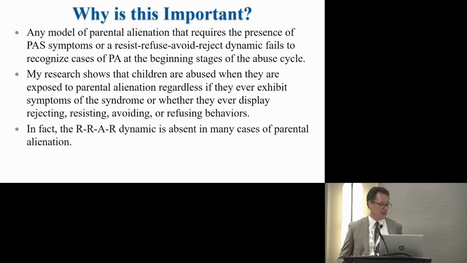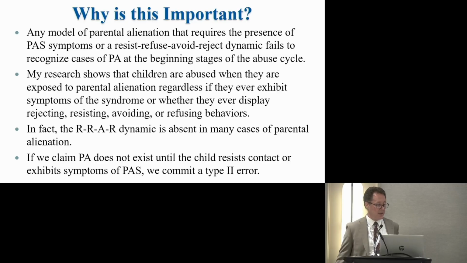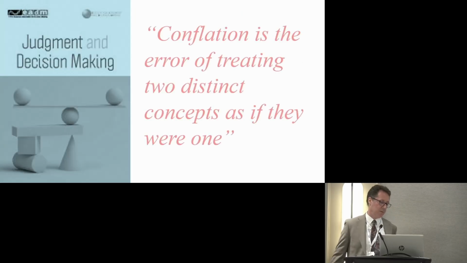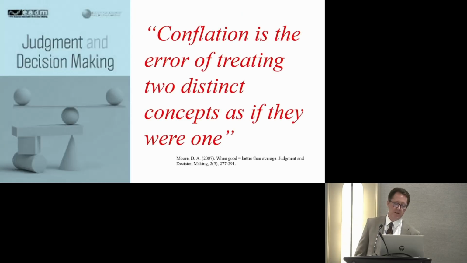In fact, the resist, refuse, avoid, reject dynamic is absent in many cases of parental alienation, and if we claim PA does not exist until the child resists contact or exhibits symptoms of parental alienation syndrome, we commit type 2 error. So conflation in the relevant scientific research refers to the error of treating two distinct concepts as if they're one.